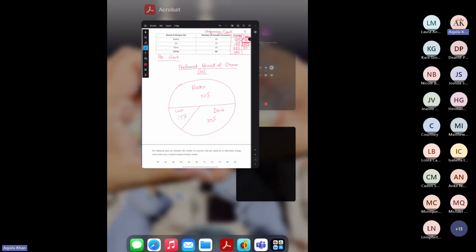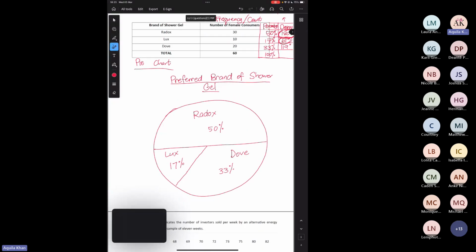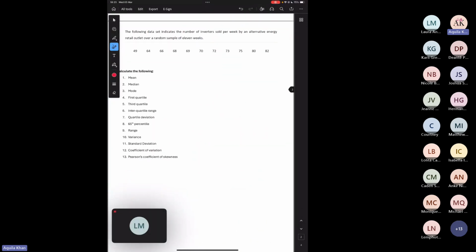All good. Okay, so let's look at now the mathematical approach, which I'm sure is the one that everyone is dreading. Honestly, it's not too bad. The upside of this is that almost all of these formulas are in your formula sheet.